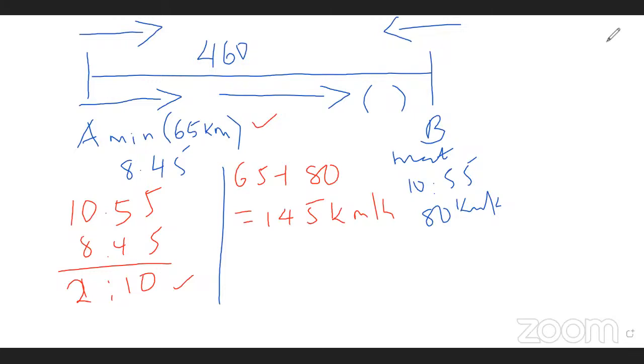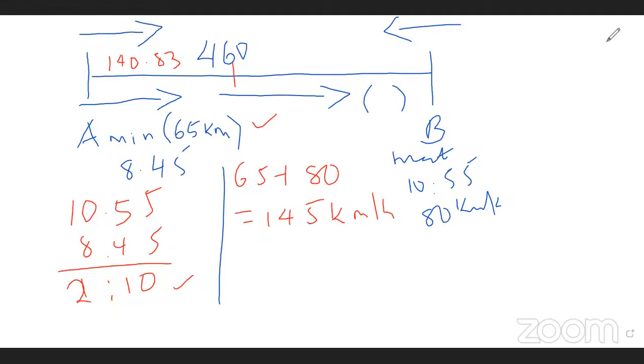So you end up with how many kilometers? 140.83 kilometers. It will have covered 140.83 kilometers away from town A.